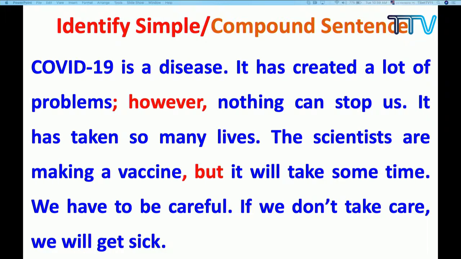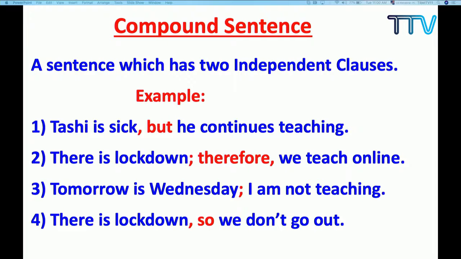COVID-19 is a disease. Now here there are some connectors like the words however and but. Now these are the connectors. What is a compound sentence? A sentence which has two independent clauses. Example: Tashi is sick, but he continues teaching.